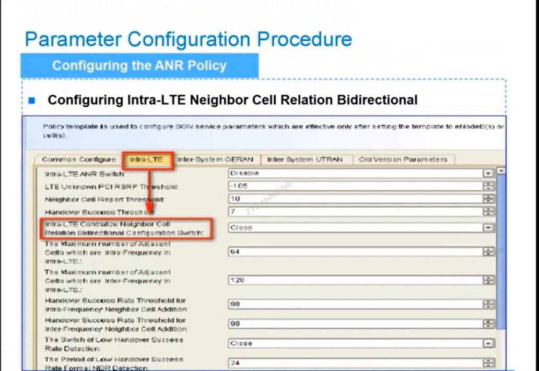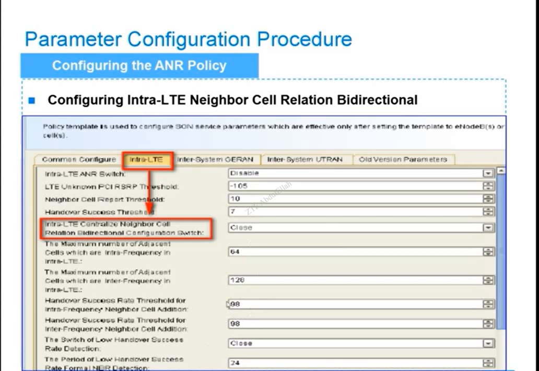That means only a neighbor cell whose handover success rate is greater than or equal to this value can be added to the neighbor cell list. This parameter is basic, and this parameter we can consider advanced. It should meet both parameters.